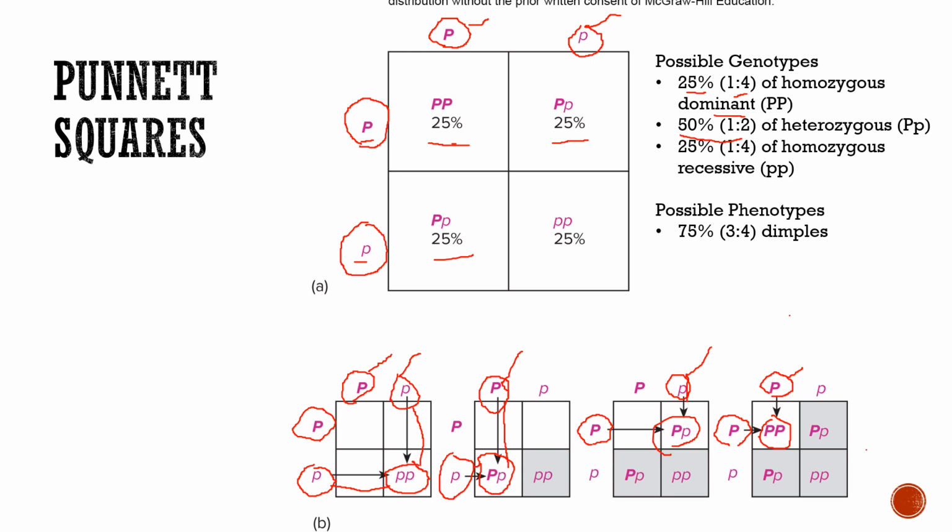As long as you have one dominant allele, they show that characteristic. So there are 3 out of 4, 75% chance of having dimples. There's only a 25% chance that the child would not have dimples. So again, these Punnett squares, we can set these up, and that's what you'll be doing for your participation, doing some examples of these.